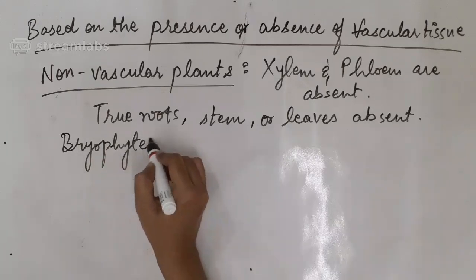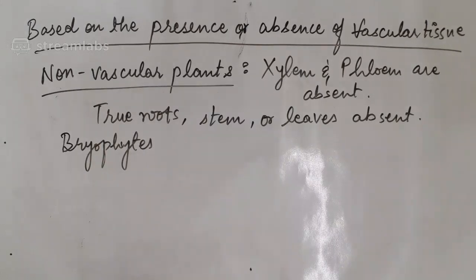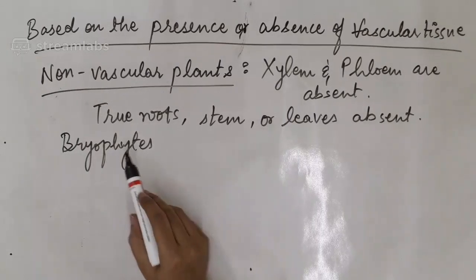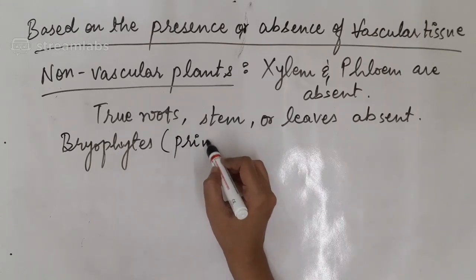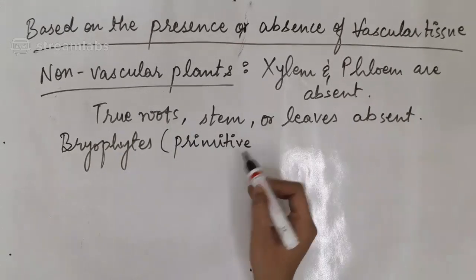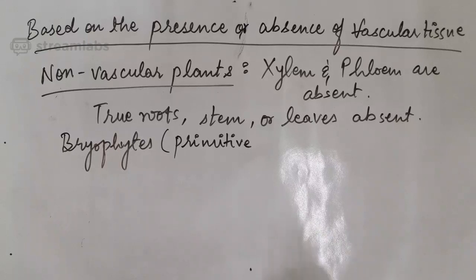Example, you know, the mosses. Bryophytes are primitive multicellular plants. Primitive means ancient or old, first.